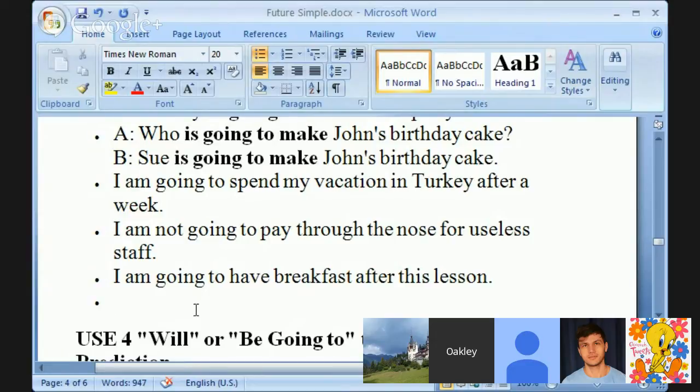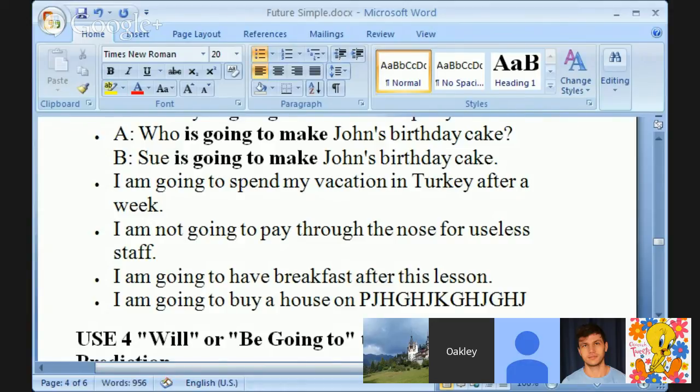Salvatore, your turn. Tell me a plan. I'm going to buy a house in Piazza San Marco in Venice. Square, maybe Square San Marco.